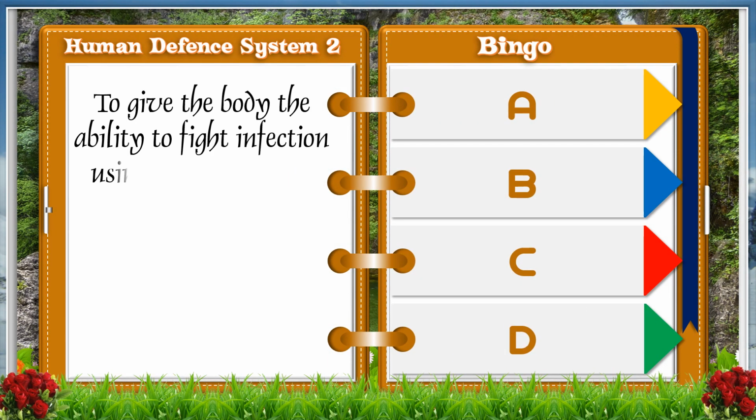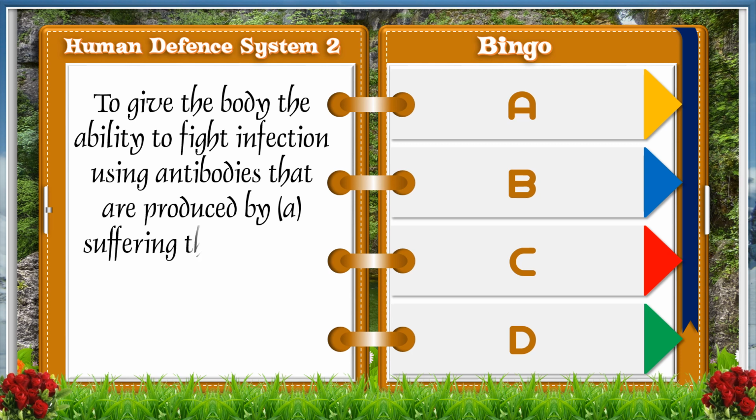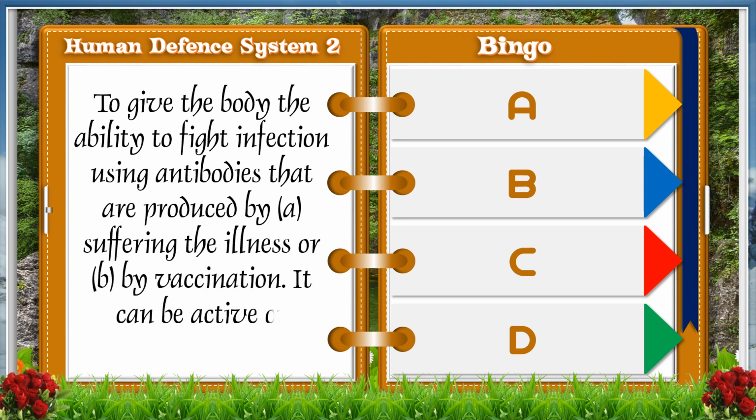To give the body the ability to fight infection using antibodies that are produced by A, suffering the illness, or B, by vaccination. It can be active or passive.